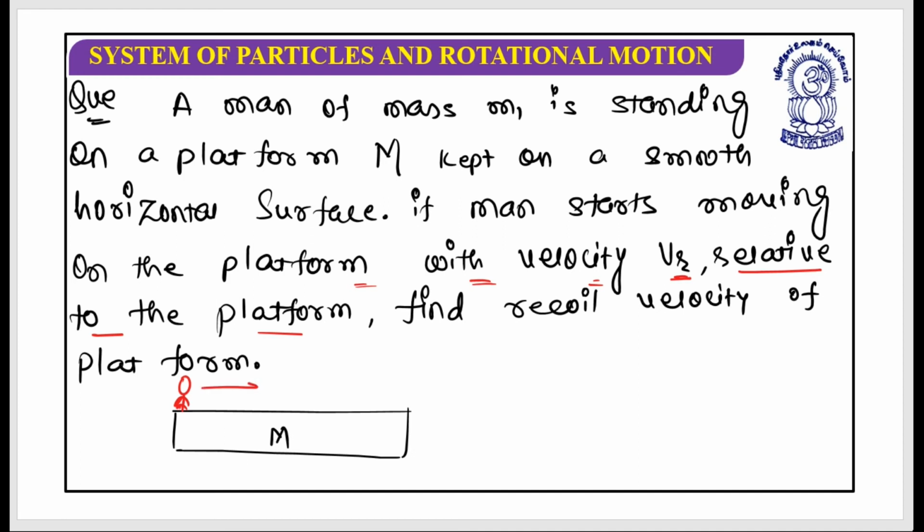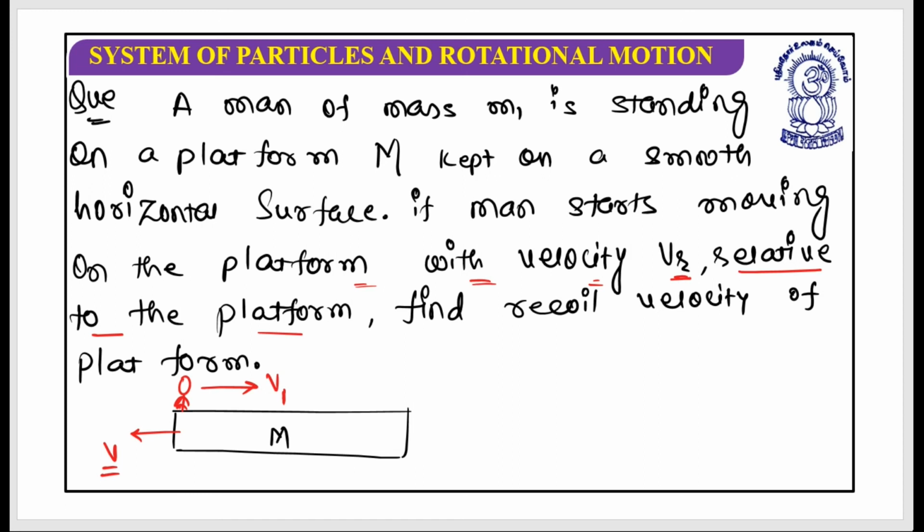That means the person is moving in this direction, but vr is relative to the platform. So what I need to do is find out the velocity of the platform. Let's say v1 is the velocity of the man.